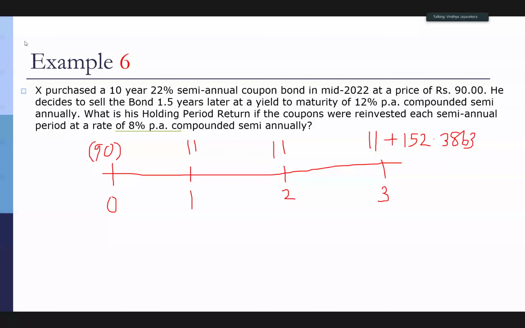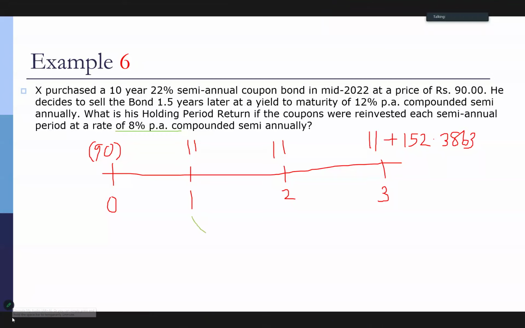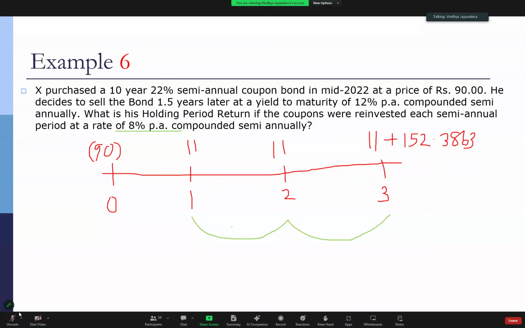The first coupon will be invested for 2 semi-annual periods. At what rate? 8% per annum compounded semi-annually, so that means 4% each period.